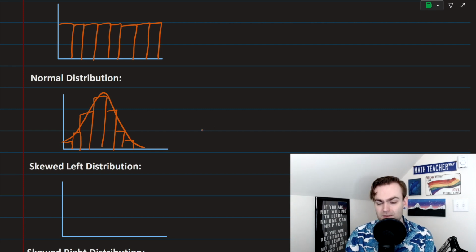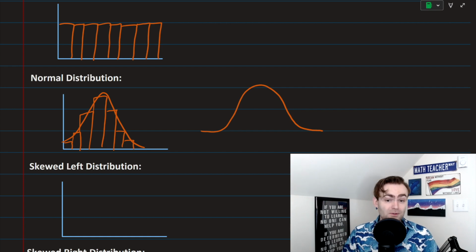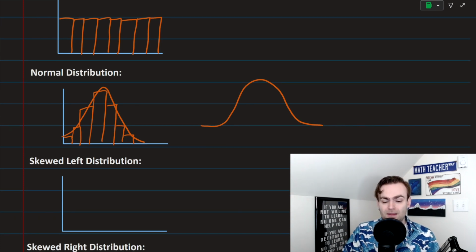It's probably not a very good drawing of it, but you see what is referred to as the bell shape. Basically, it means that your data is around the middle, around the average and the median, and the average and the median are both roughly the same number. And there's a lot of cool properties that a normal distribution has. We're not going to go into all of those properties here, but very interesting.